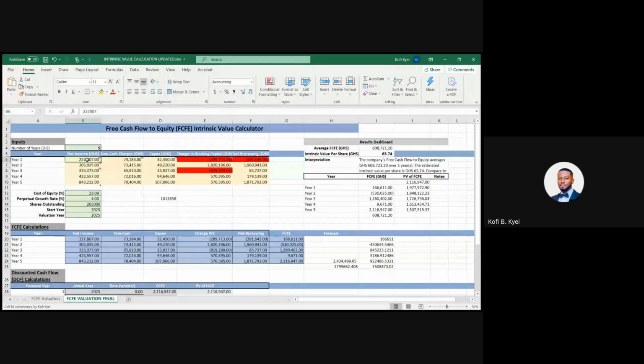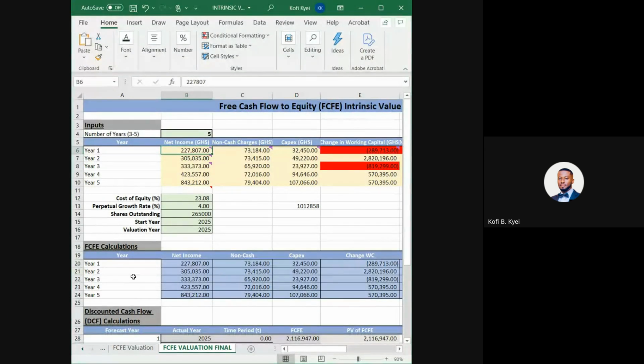Now, the net income. This net income, we get it from the income statement. Let me divide the screen. Okay, share this screen again.